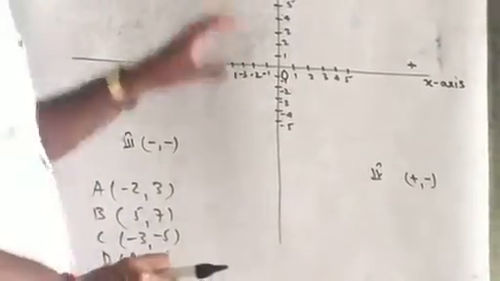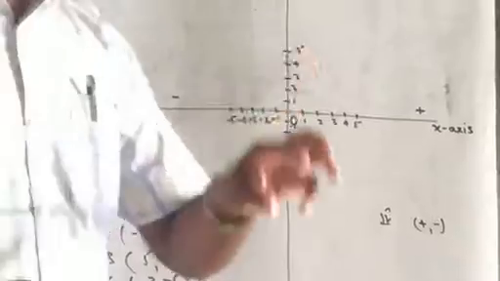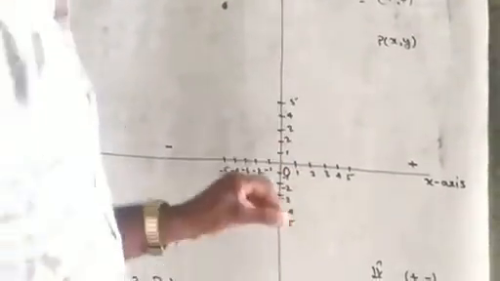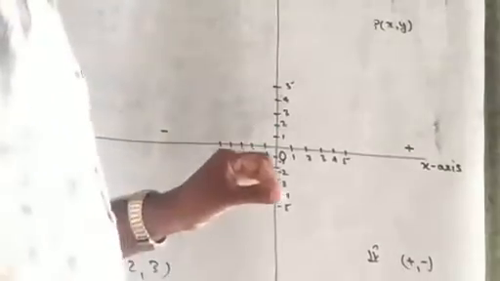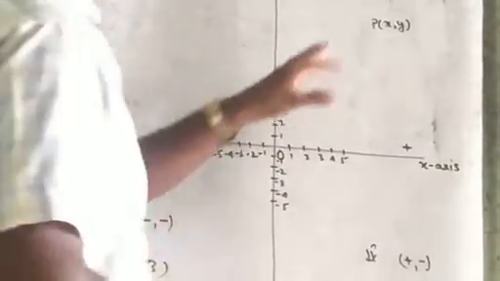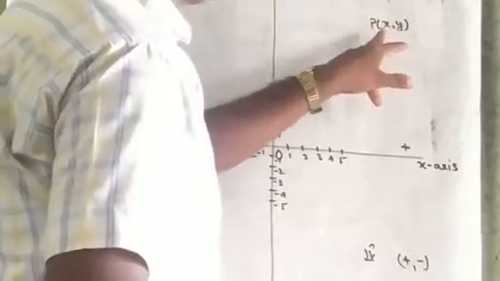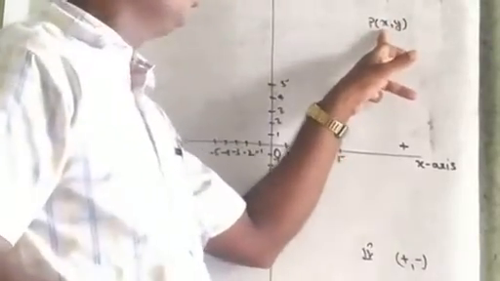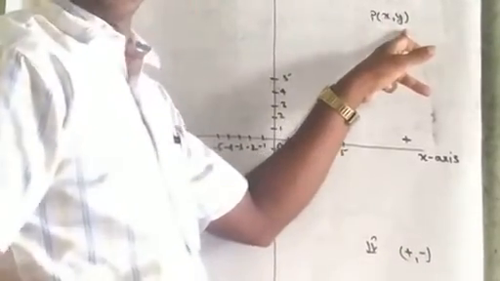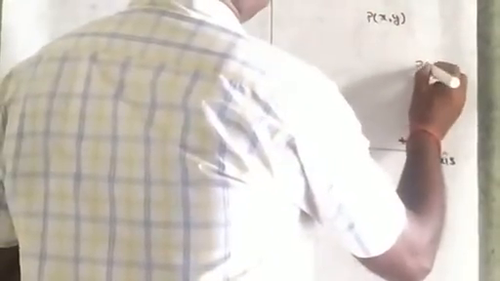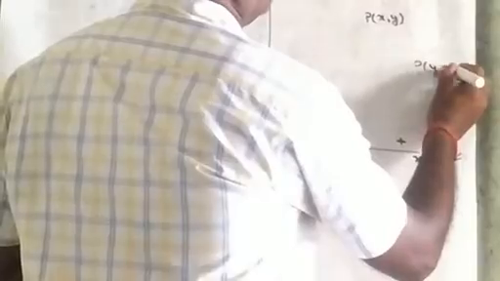Clear all of you? After this, when we represent points in coordinate geometry, suppose this point P, we write first the abscissa value, comma, the ordinate value. If any student is thinking, sir, can we write this as y, x?